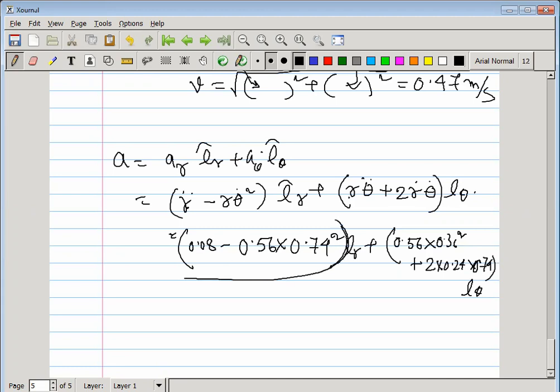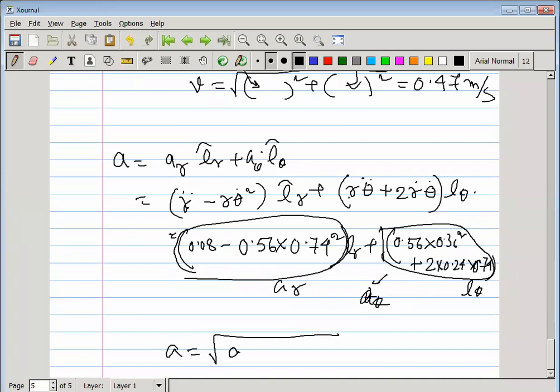So this value is the a r, and this value is the a theta. To find the resultant acceleration, we take the square root of a r square plus a theta square. How much is it?